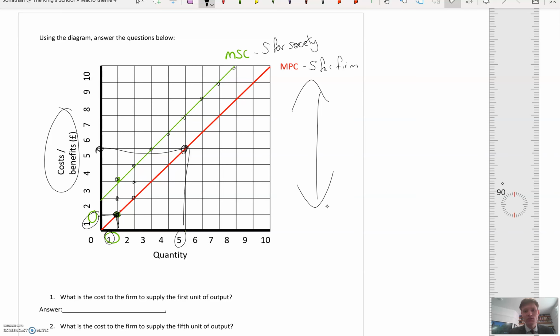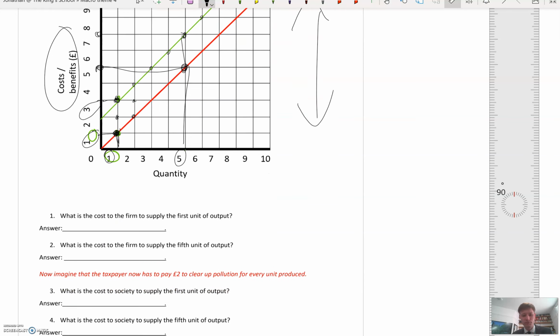It's almost as though it's a social cost curve, a social supply curve. So the cost to society for the first unit of output is not 1, it's actually 3. The cost of the fifth unit of output is not 5, it's actually 7, because I've taken into account the third party who is also negatively affected by it, plus any private costs to the firm.